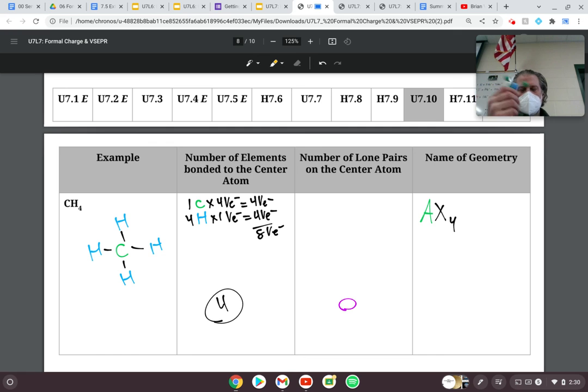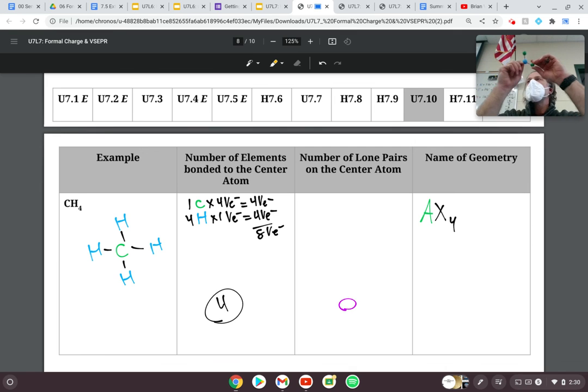This one looks like this. It has a central atom. It has 1, 2, 3, 4 atoms bonded to the central atom. And if you can tell, no matter how I turn it, there's always one atom pointing up and other atoms seem to be pointing down. But there is 3-dimensional space in between each of these that's the same. Technically this angle from this bond to this bond is 109.5 degrees.